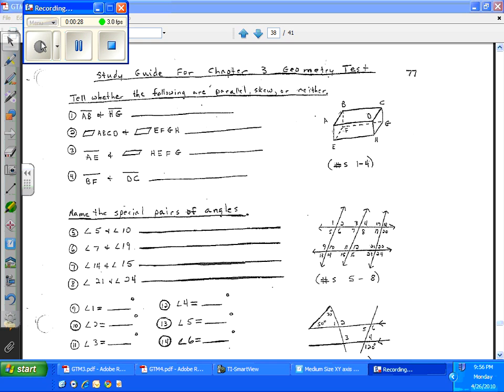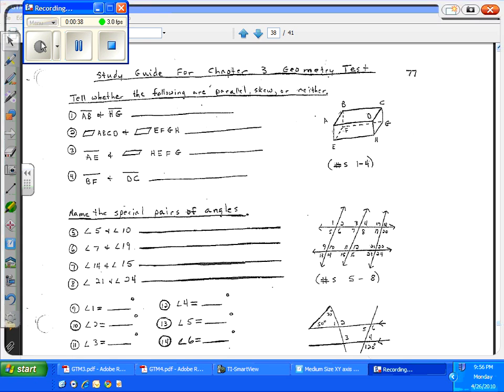All right. Tell whether the following are parallel, skew, or neither. Number one is AB and HG. So AB is this side, HG is this side.